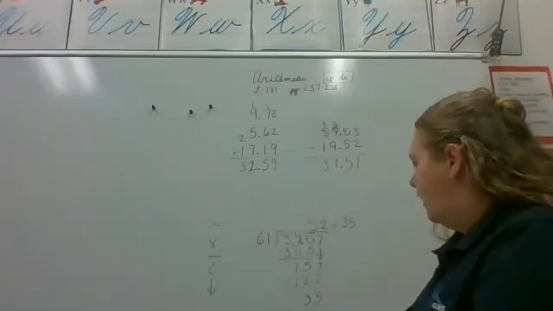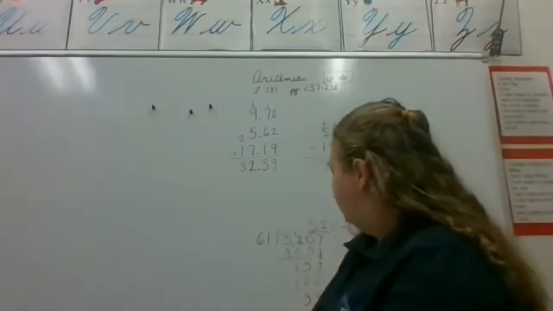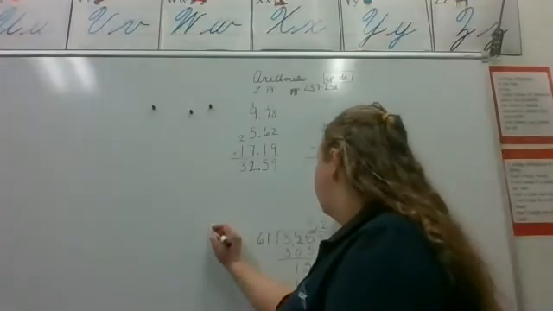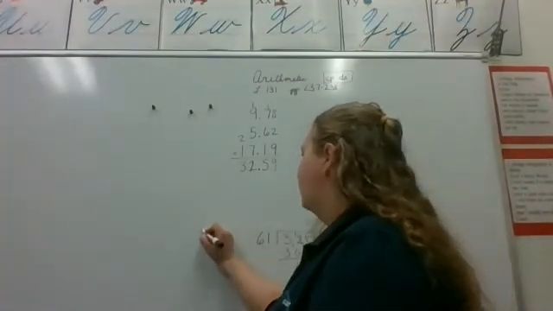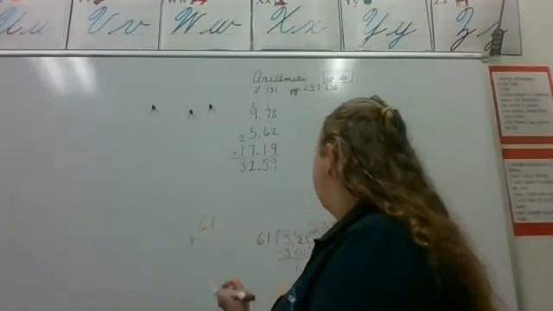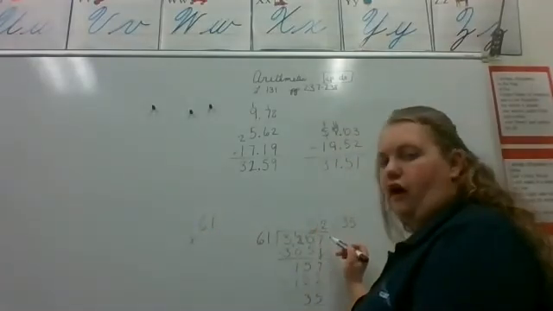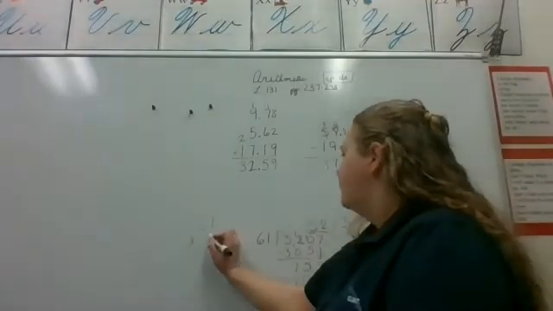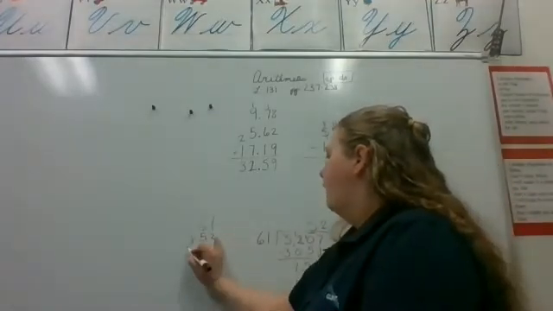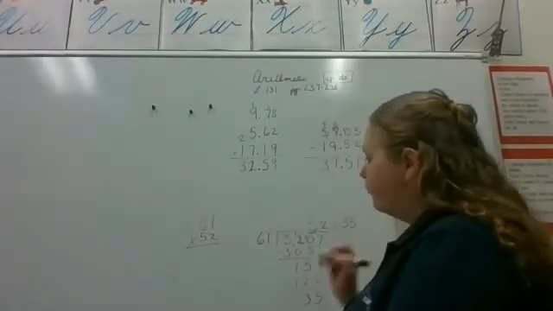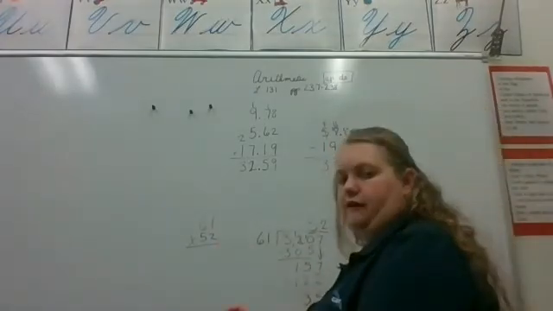And as we check this, we're going to multiply 61 times the number that we got up here, 52. And then we'll add 35 after we're done multiplying, okay?